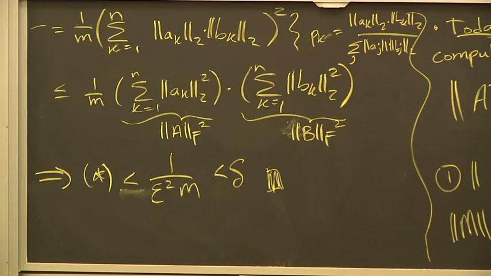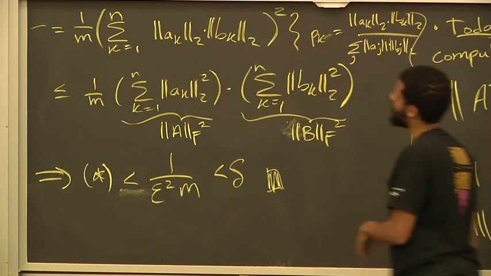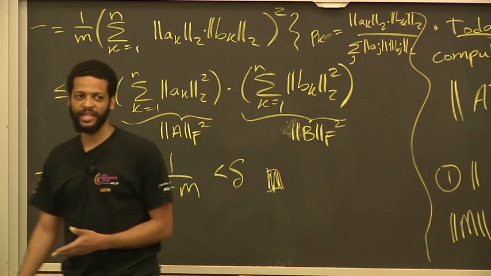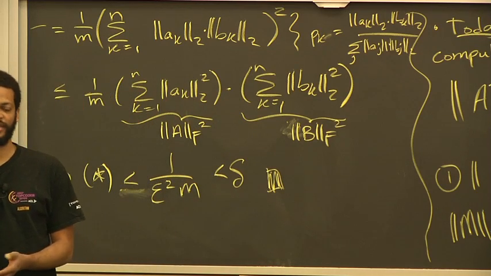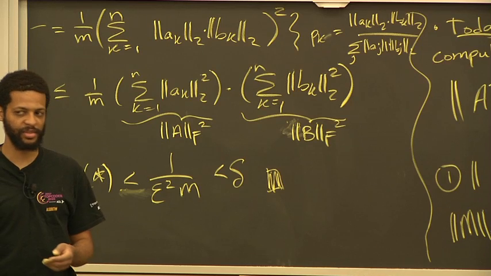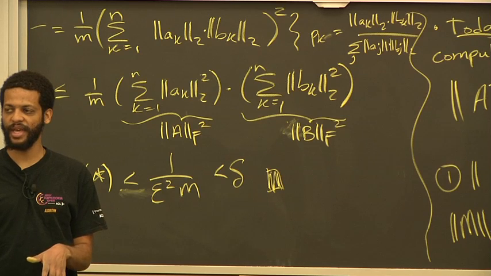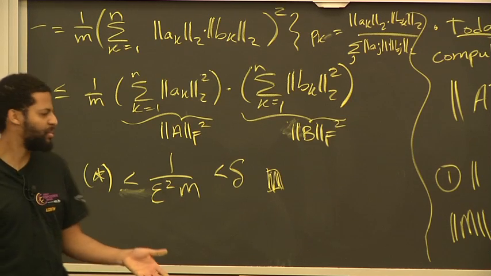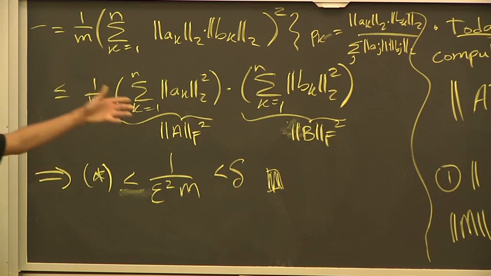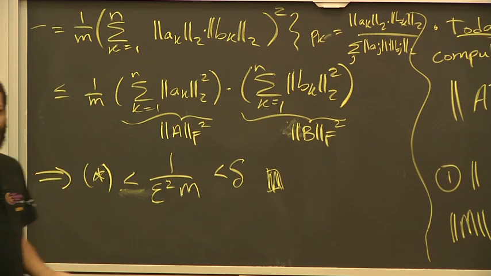Now notice, originally to multiply A transpose B, it took me NDP time, just using for loops, or I could have used fast matrix multiplication. Now it's taking me MDP. But think of m as a constant, since epsilon and delta are constants. So this is much faster.